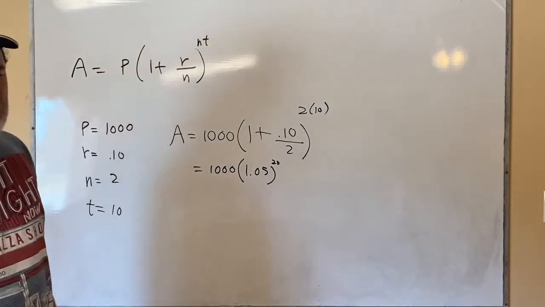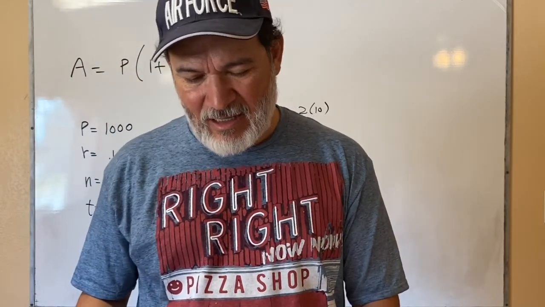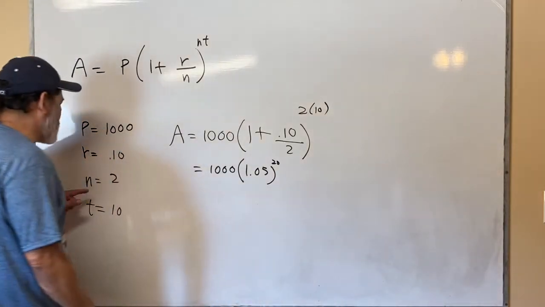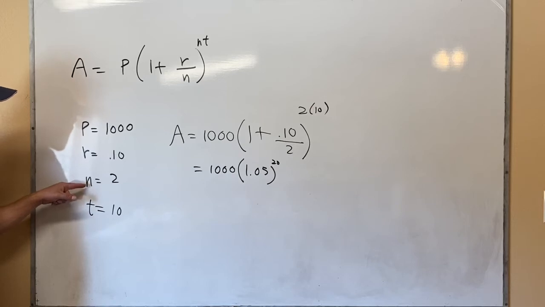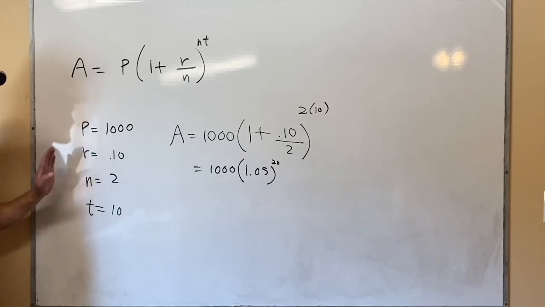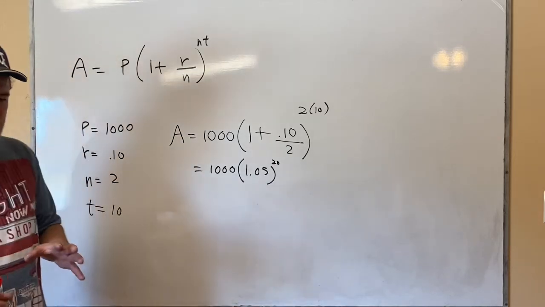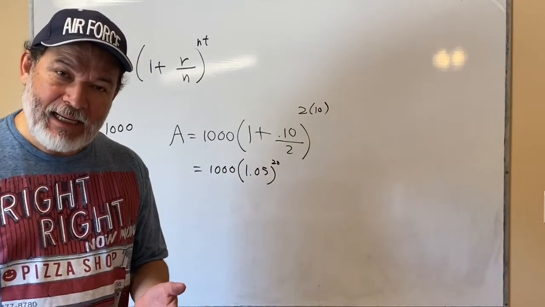All right. And sometimes, look, this is 2 compounds per year. You can change the number of compounds, and the greater the compounds, the more money you're going to make.